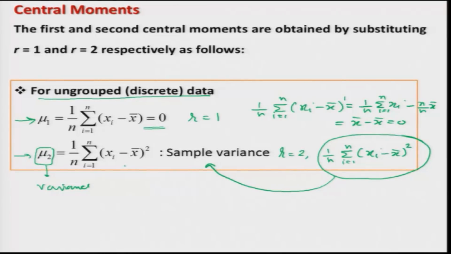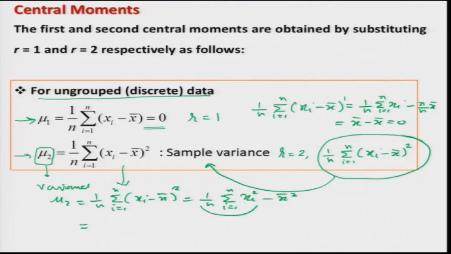Now, in this step, I would also like to show you that mu_2 was written as 1 upon n, summation i goes from 1 to n, x_i minus x bar whole square, which can be written as 1 upon n, summation i goes from 1 to n, x_i square minus x bar square. So, this quantity is nothing but my mu_2 prime, and this quantity x bar square is mu_1 prime square.